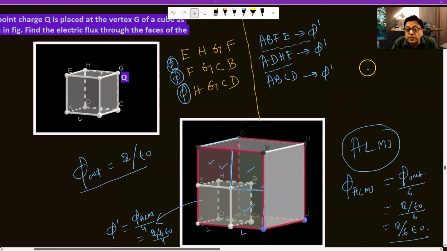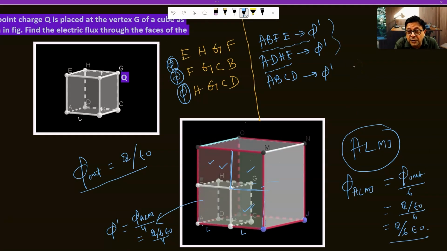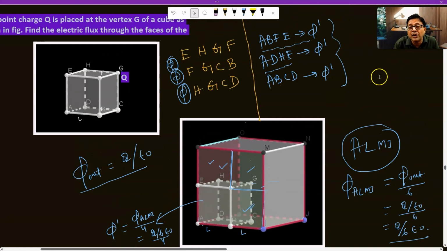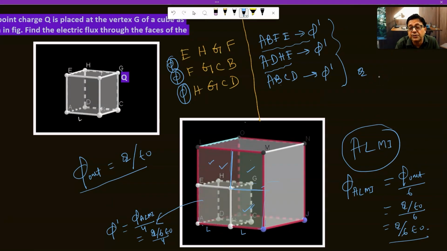So this group, this system of faces, they are all getting Q by 24 E0. Problem is solved for these faces. Those faces do not contain the charge Q.